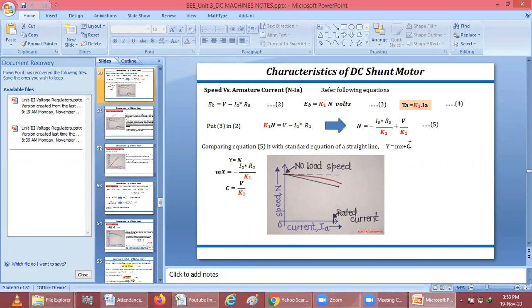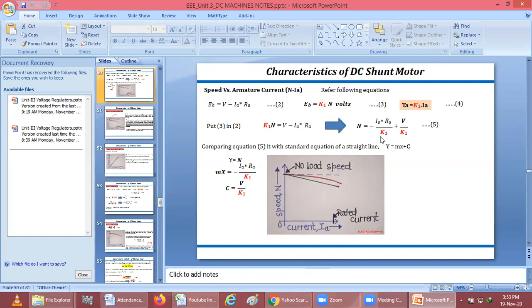If you see these equations in the form of mx plus c, you studied this in mathematics in second year, right? Are you aware of y equal to mx plus c? In maths, these are the equations of straight lines, in which if you get the equation of a line as mx plus c, m is nothing but the slope of the straight line.